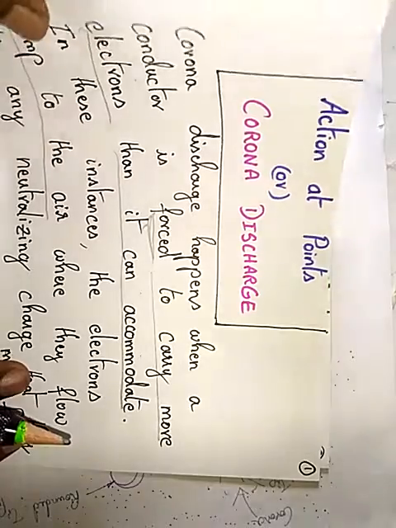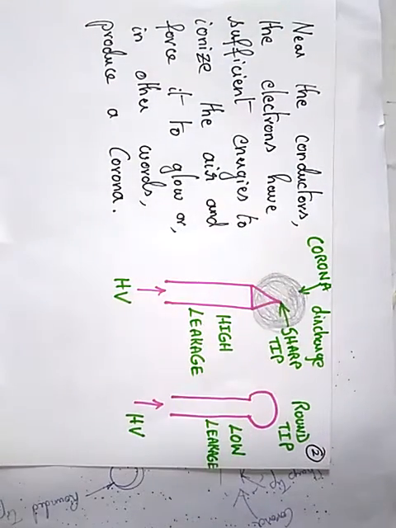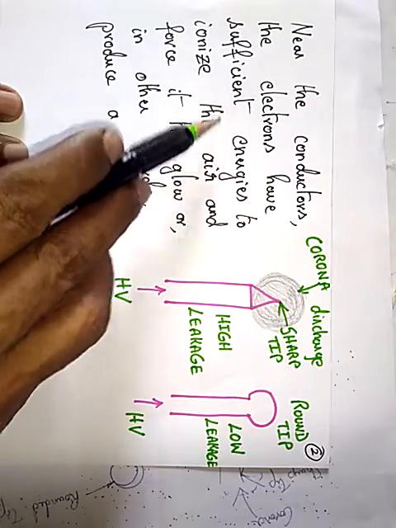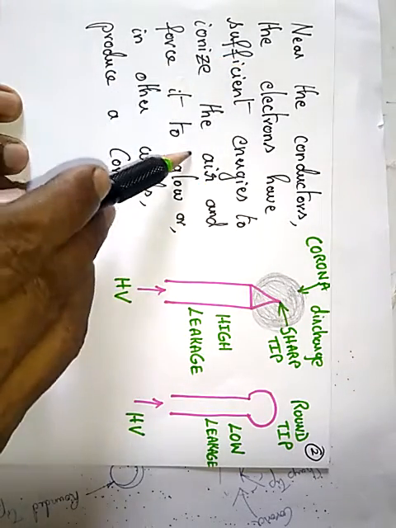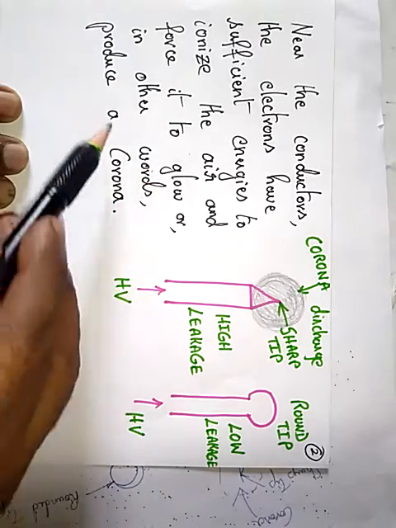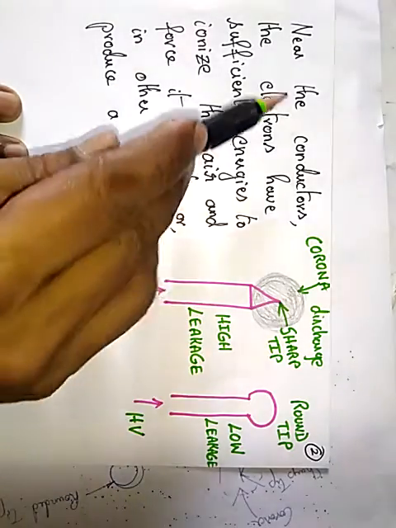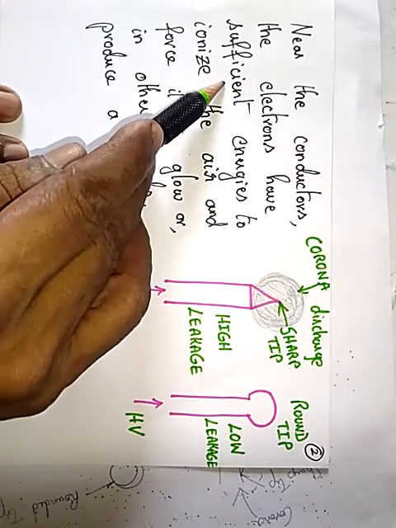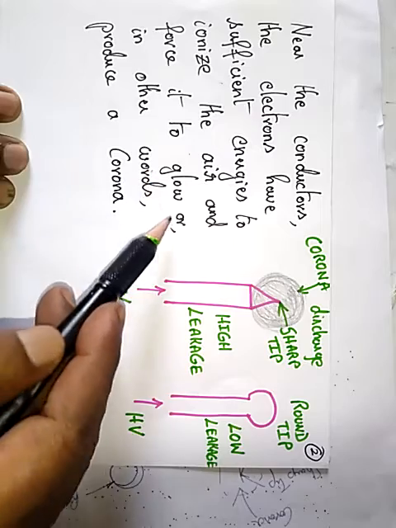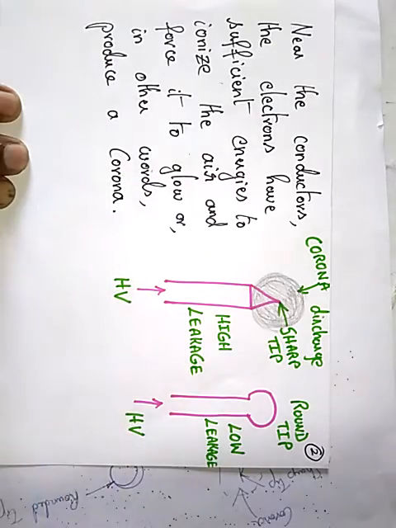Okay. Now, near the conductors, the electrons have sufficient energies to ionize the air and force it to glow, or in other words, produce a corona.